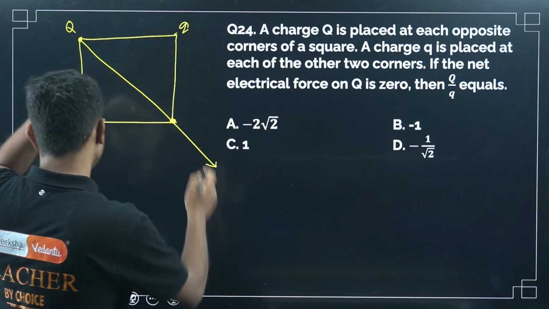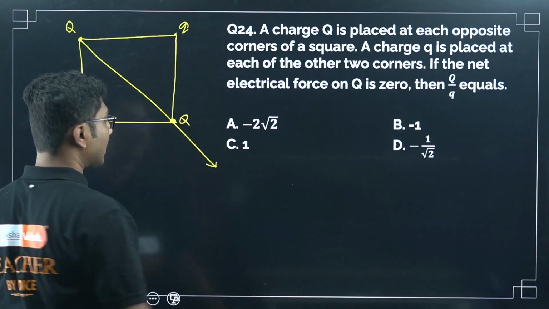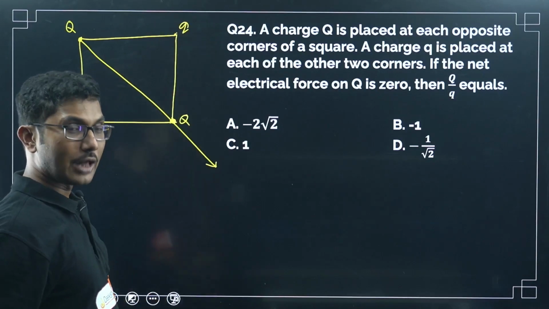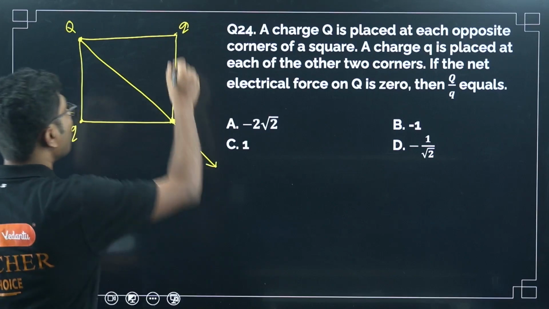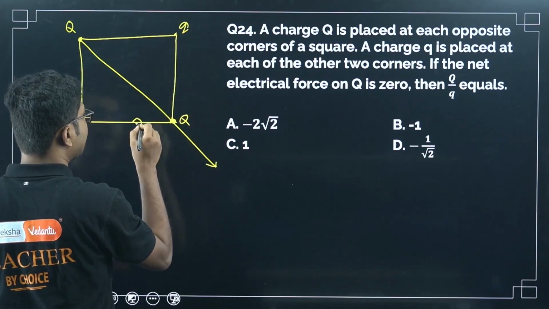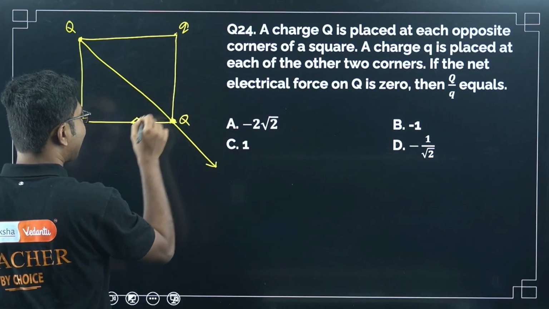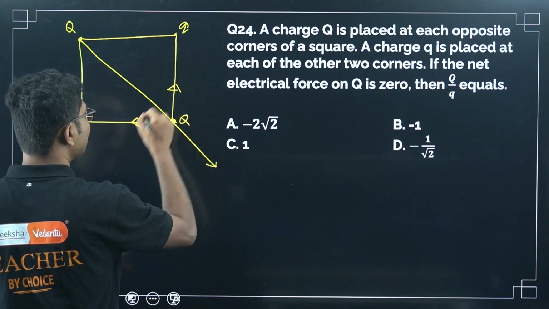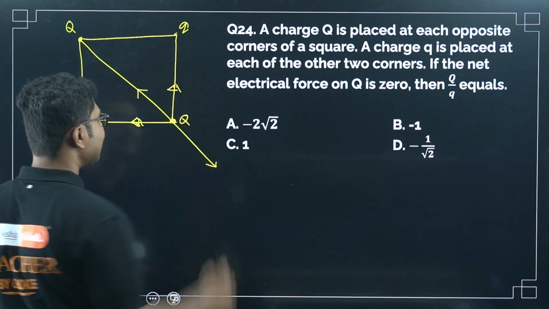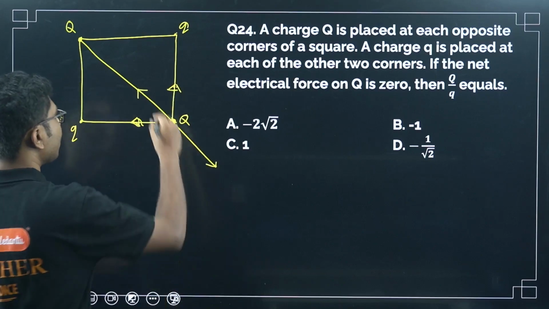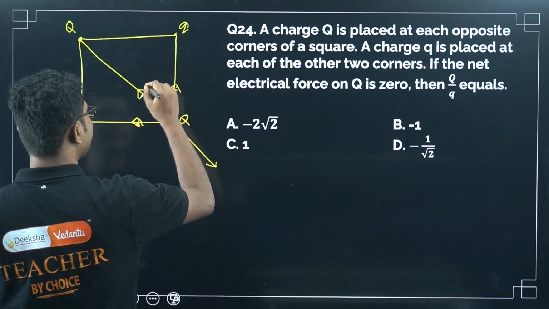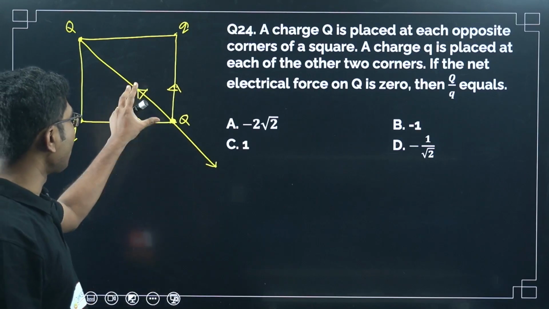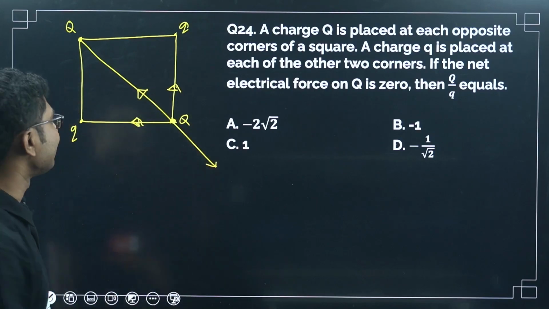Now capital Q and capital Q both have to be of the same sign, right? Small q and small q should have the same sign. So both of them should be of opposite polarity so that they are attracting. So the net force of these two forces should be in this direction, then only is there a possibility that the combined force can balance this force, right?